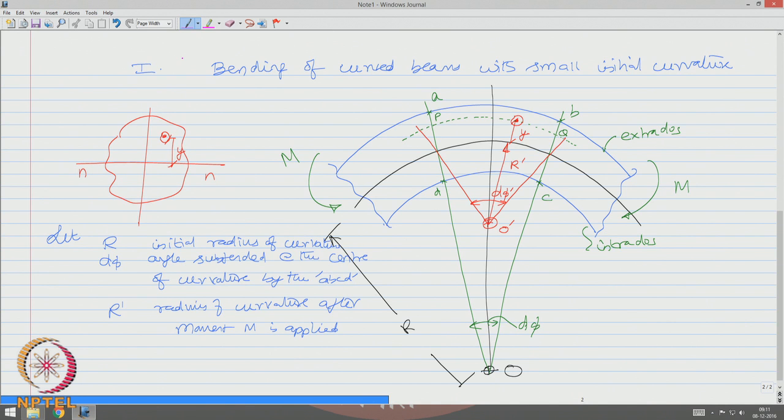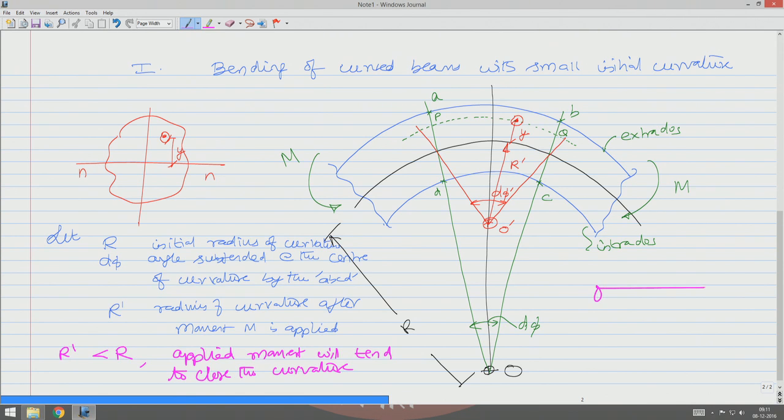Interestingly, one can note that r dash will be lesser than r, because the applied moment will tend to close the curvature. I can give an example. Take a straight bar, I would say the curvature is infinity.